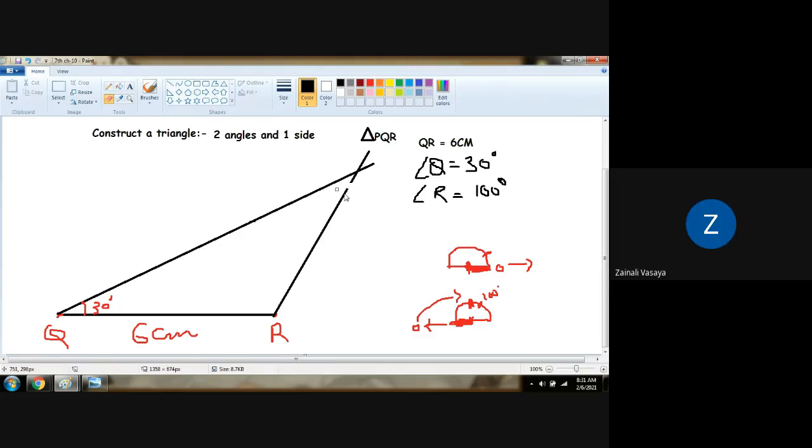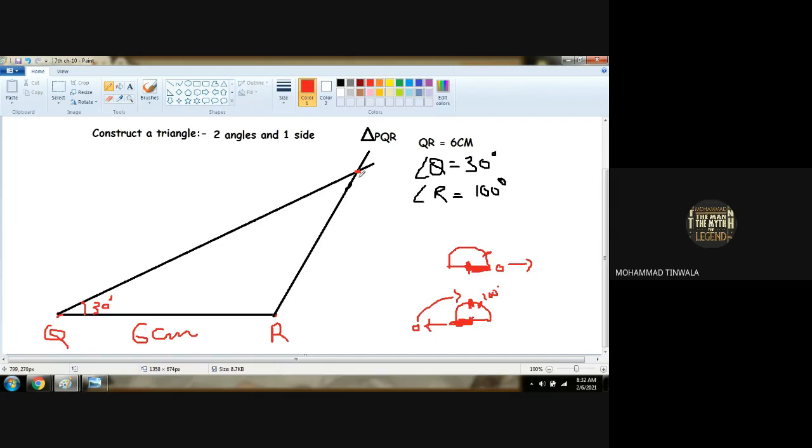The point we placed is only to point out that this is our 100 degree. After removing the protector we will draw a long line. How long? The point will be up to that level that it should be intersecting lines of line segment from point Q and from point R. The line segment should be intersecting with each other.